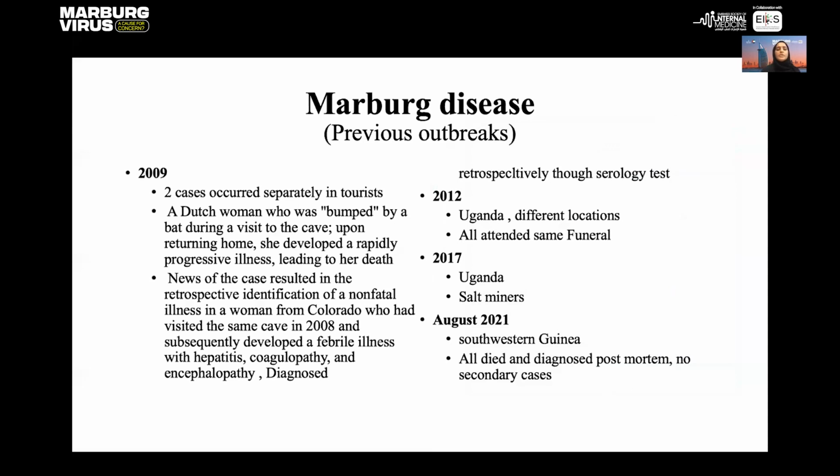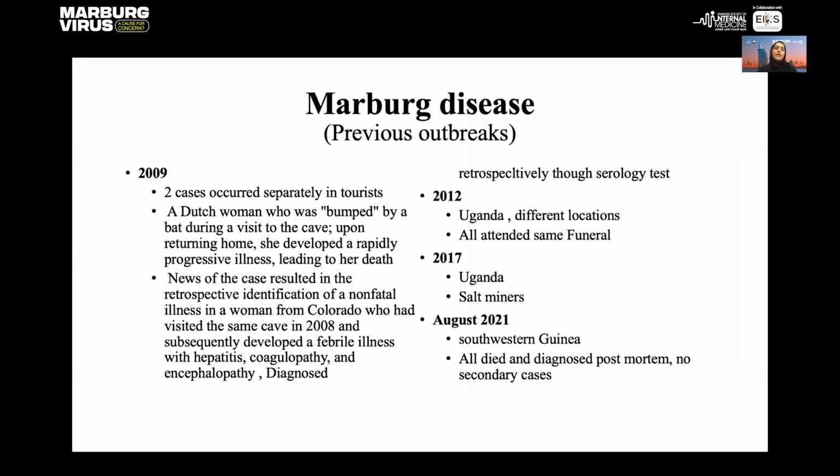And in 2009, 2 cases were identified, one in a Dutch woman bumped by a bat during a cave visit, and another one retrospectively diagnosed after that lady was diagnosed because of similar symptomatology. The Dutch woman died, but the other one was diagnosed retrospectively through serology.